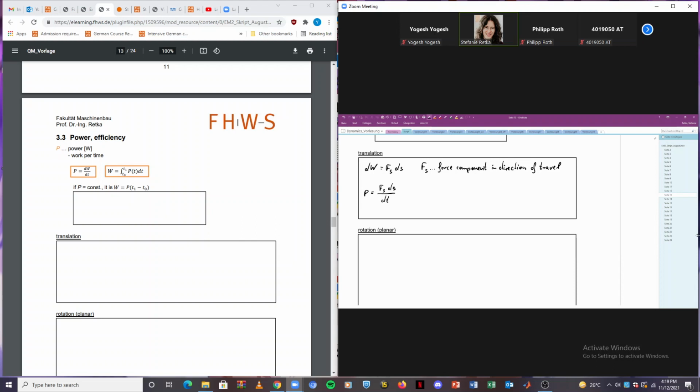And this ds over dt, the time derivative of the distance, we know already is the velocity of the system, or the mass, the object moving. So in consequence, power is equal to force in direction of travel multiplied by its velocity.